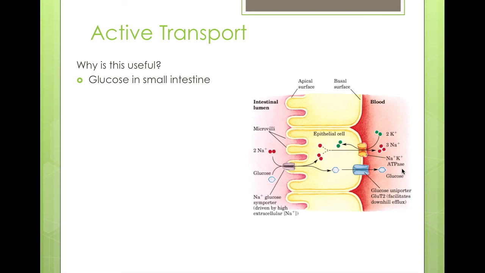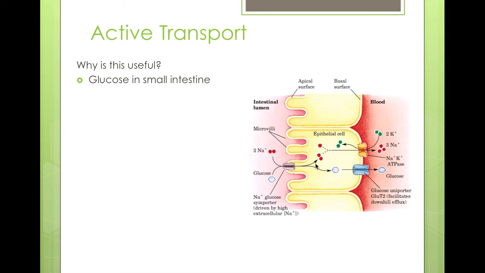Now, imagine if you had glucose in your intestines. If the process was passive and it didn't take any energy, naturally the glucose will still move into the cell through your transport proteins. It's going to move through these protein channels, right?